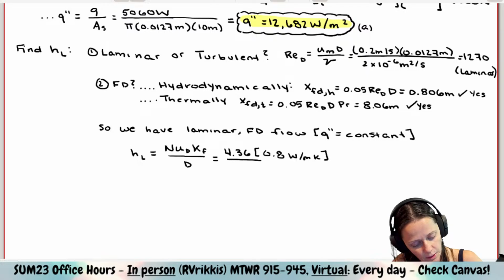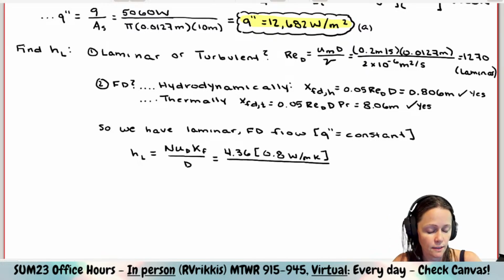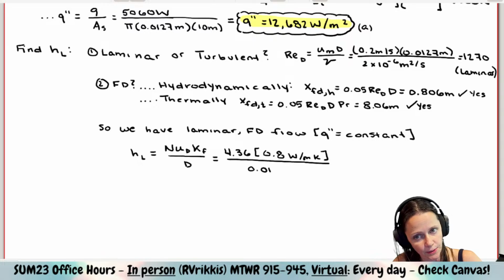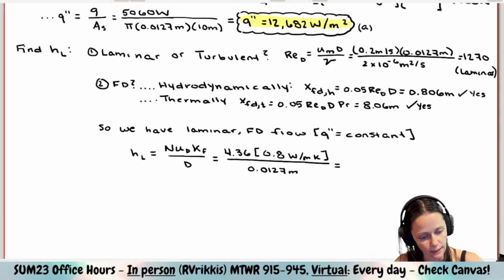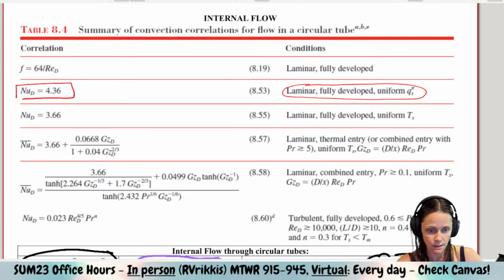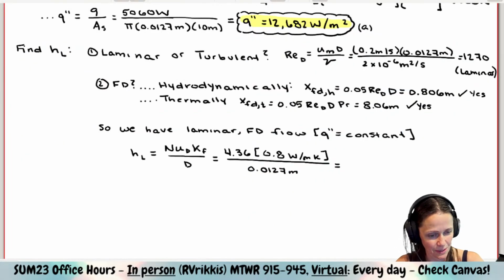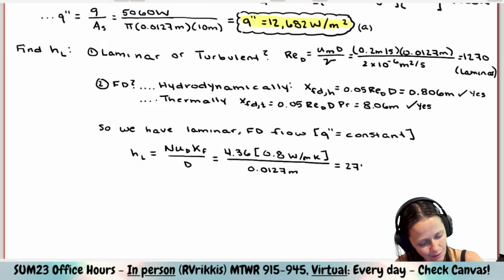And then I've got a diameter here, 0.0127 meters. Perfect. Where's the 4.36 coming from? It's coming from our equation sheet. Okay, sorry, my dog's going crazy. All right, so I've got 274.6, and it's watts per meter squared Kelvin.